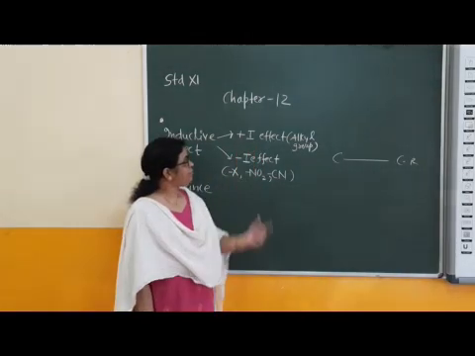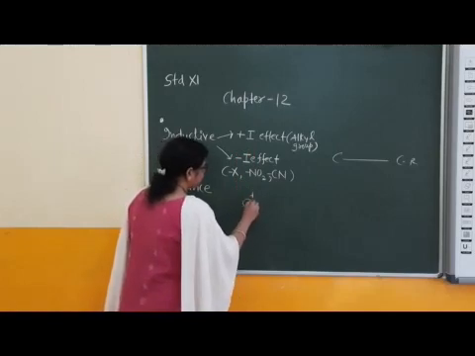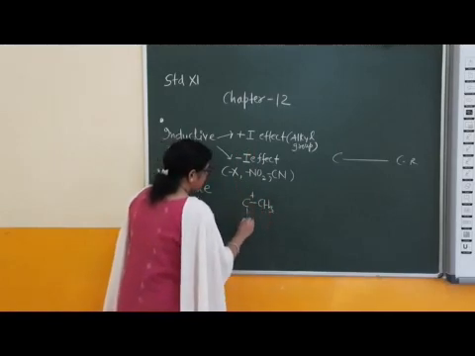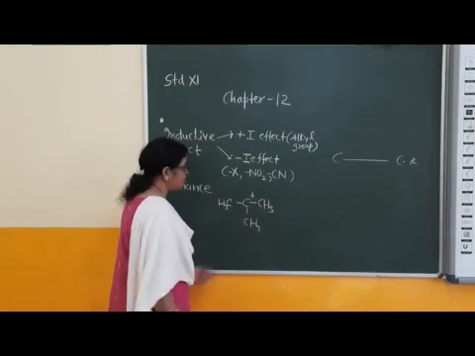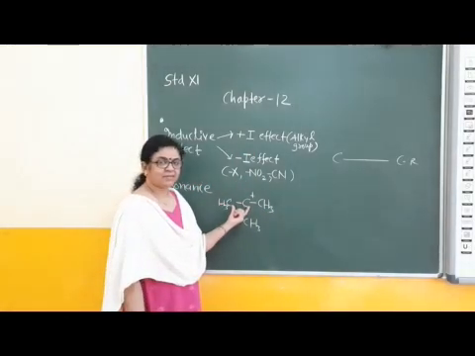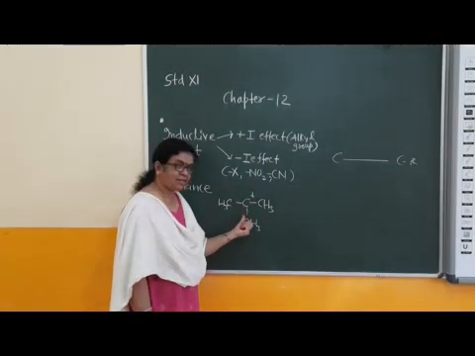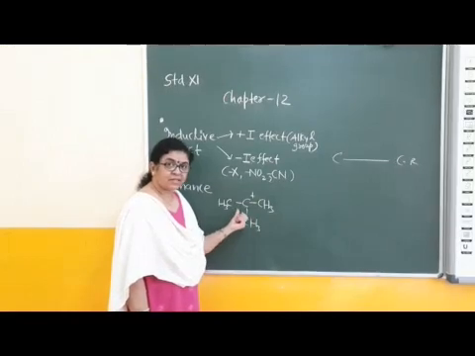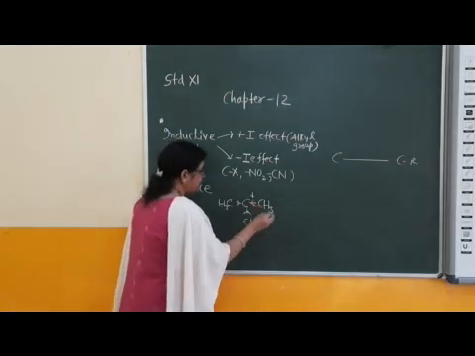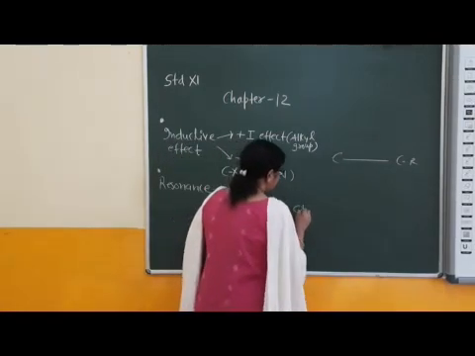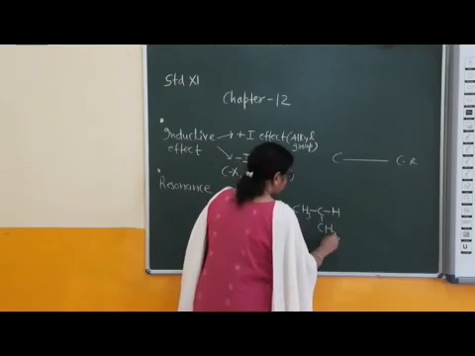Now children, one example of plus I effect: tertiary carbocation. This is tertiary carbocation. Electron deficient carbon is attached with 3 alkyl groups. This tertiary carbocation is more stable than secondary carbocation.